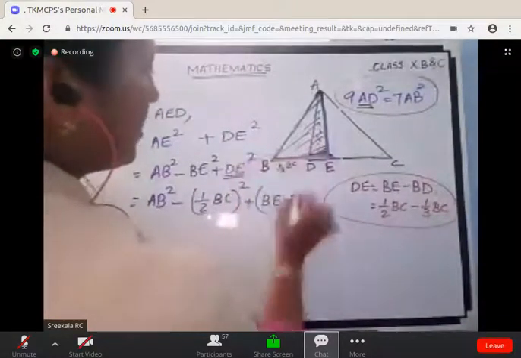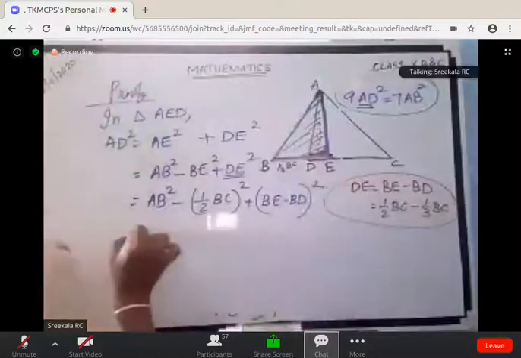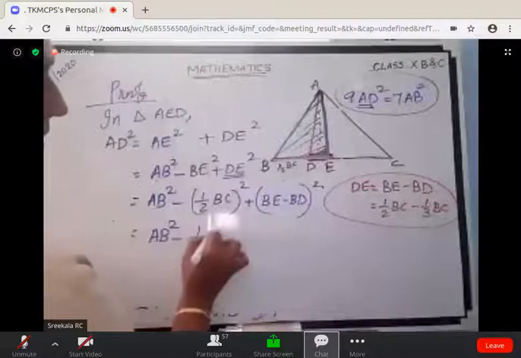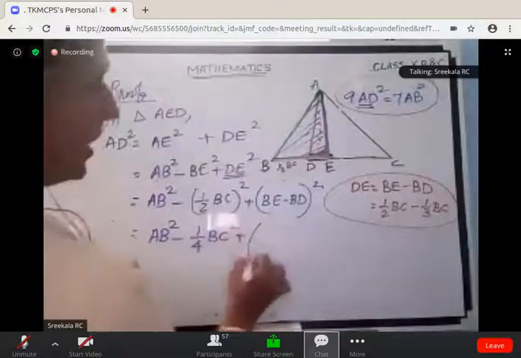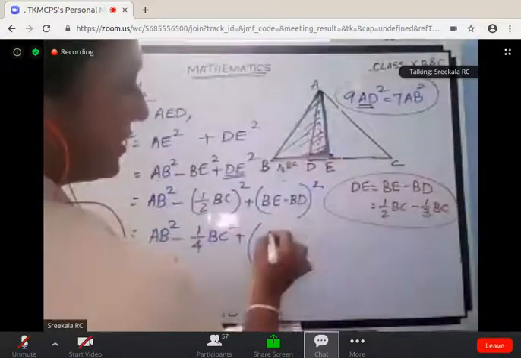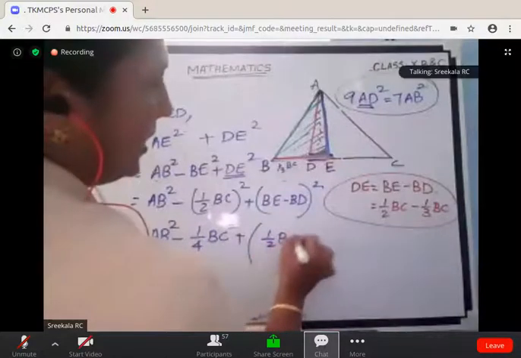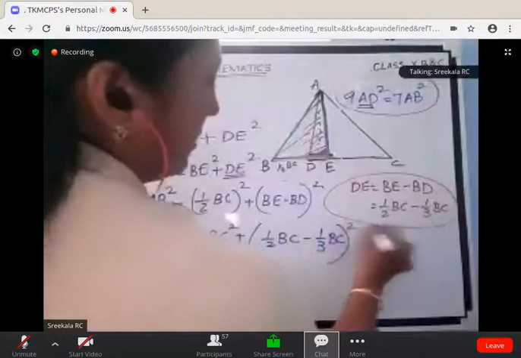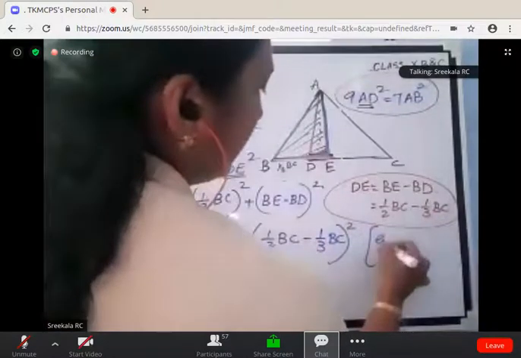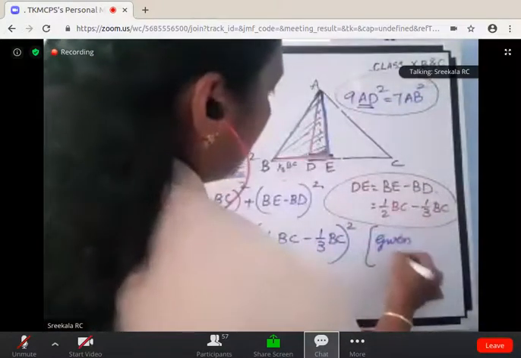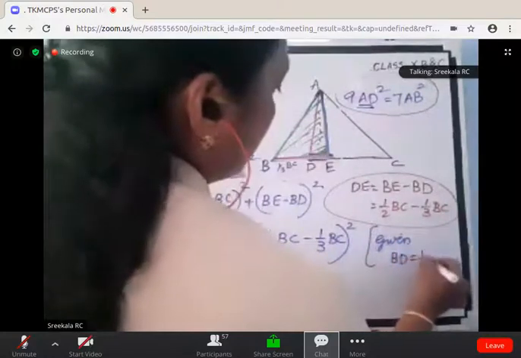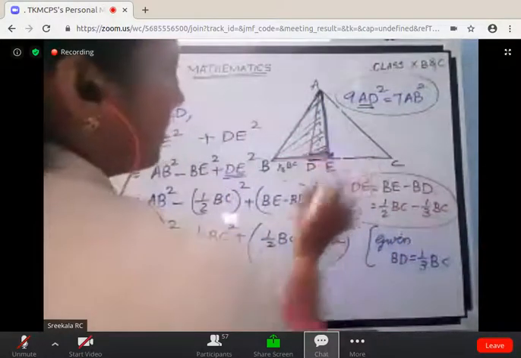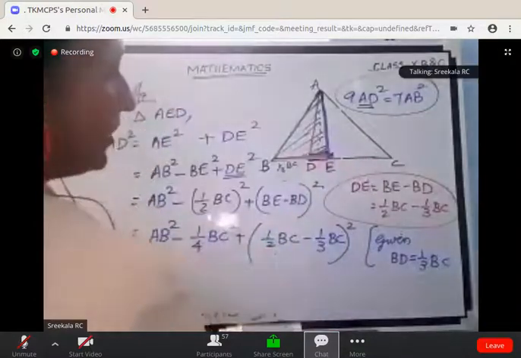So that's equal to AB square minus 1 by 4 BC square plus BE means half BC, BD means 1 by 3 BC, the whole square. Since E is the midpoint, we can write BE is equal to half BC.